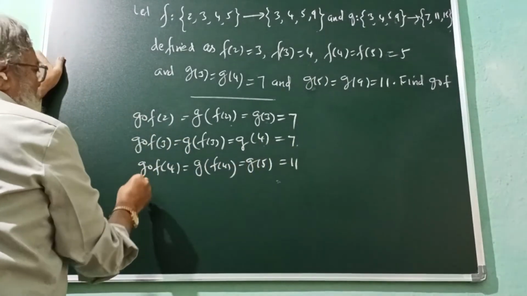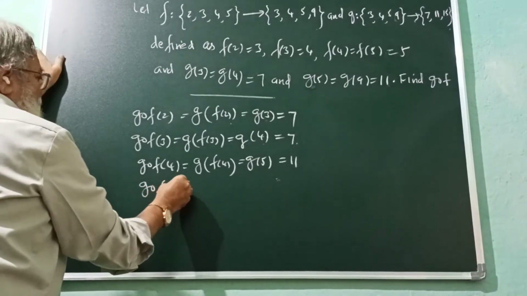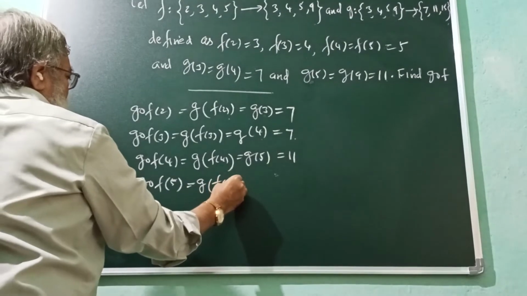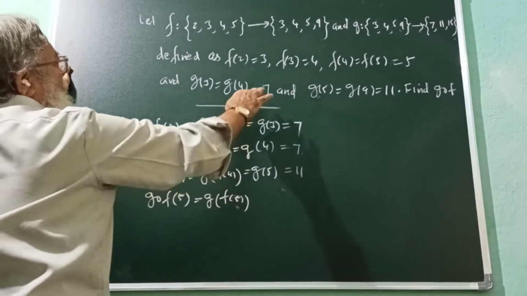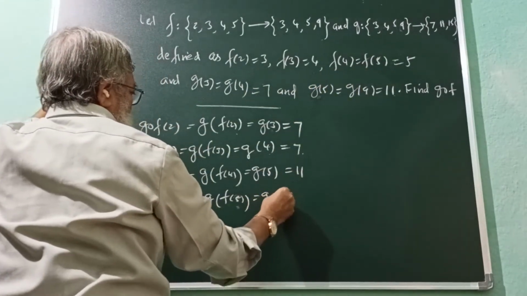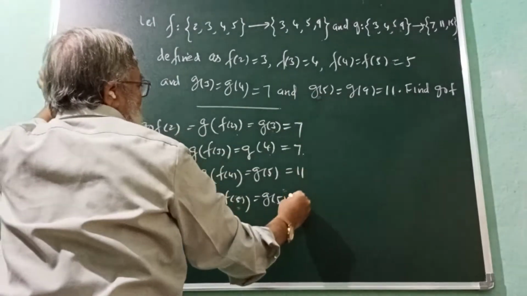And now let us find out g of f of 5. Get the value of f of 5 from this. f of 5 is given by 5, and g of 5 is again 11.